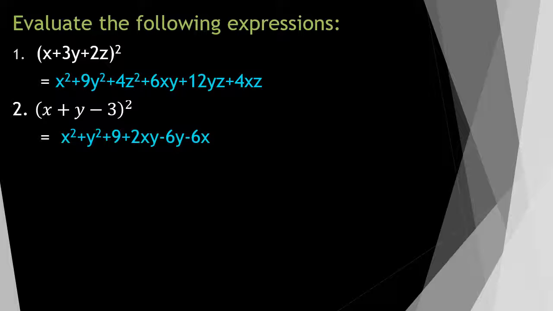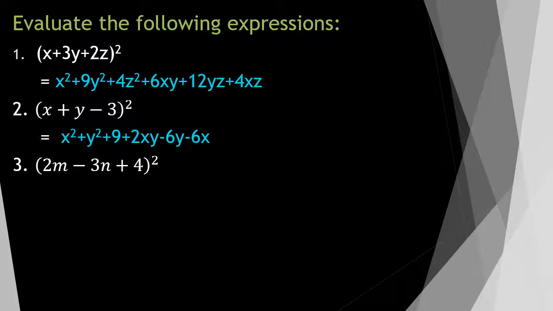Plus 2xy, which is twice the product of the first term and the middle term, minus 6y, or twice the product of the middle term and the last term, minus twice the product of the first term and the last term. So we get our final answer, x squared plus y squared plus 9 plus 2xy minus 6y minus 6x.